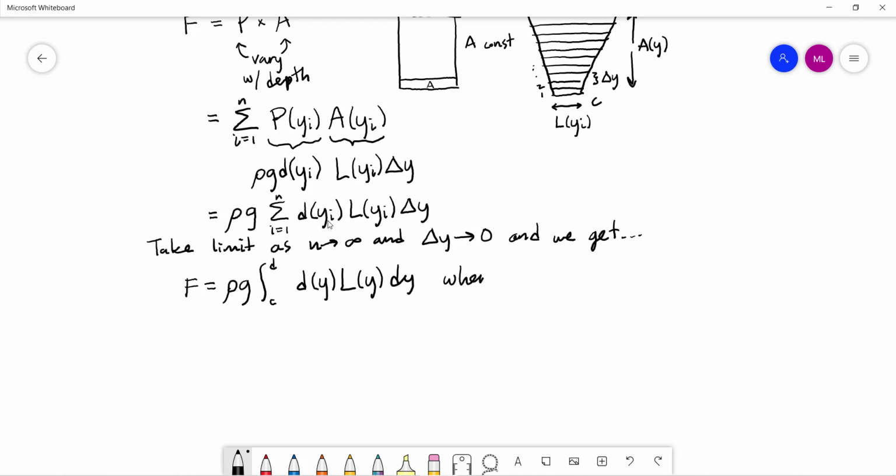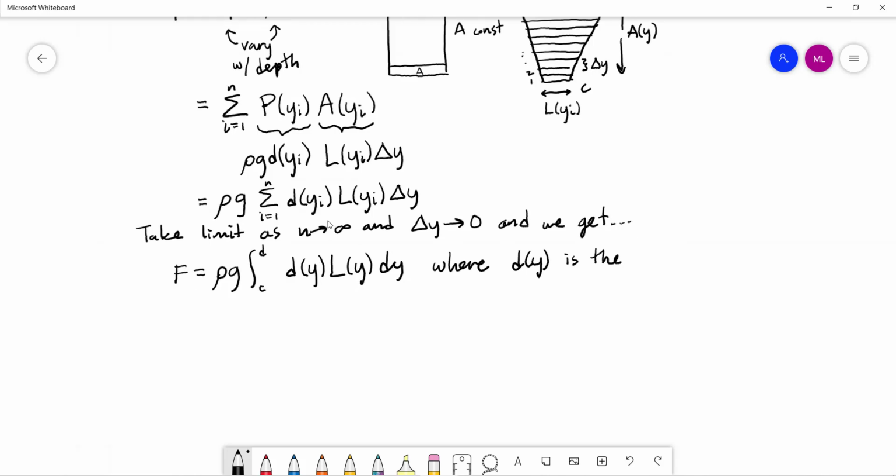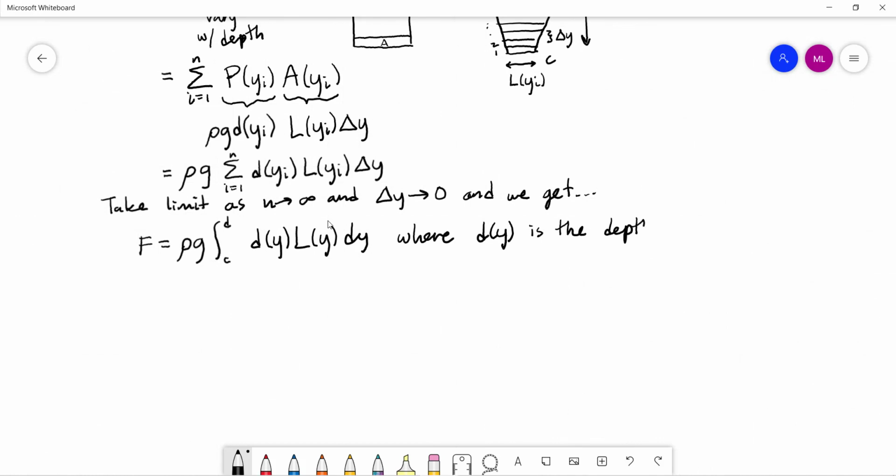So, again, d of y is the depth of the fluid at y, and L of y is the length, the cross length. L of y is the length of the plate that we're looking at, or the dam, or whatever it is.